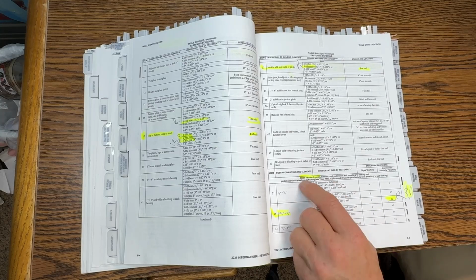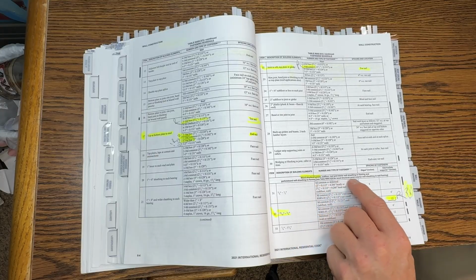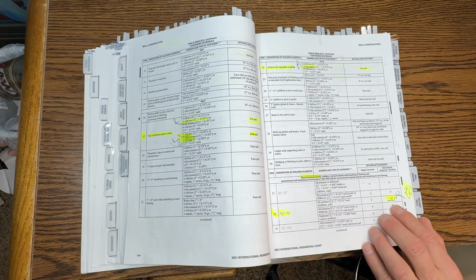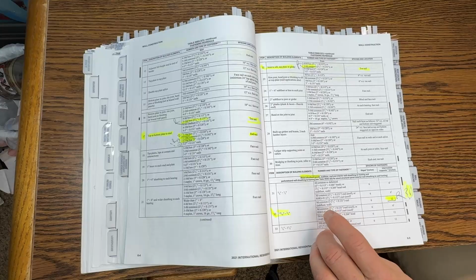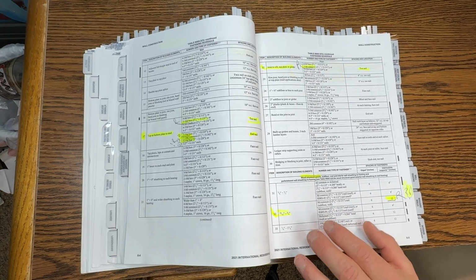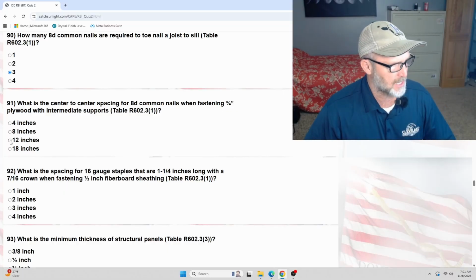What this section of this table says is wood structural panels for wood structural panel exterior wall sheathing to wall framing. So 3/4-inch, you are on 12-inch centers for those fasteners, and it tells you what fasteners you need to use for the 12-inch centers. And it varies depending on what kind of fasteners, whether you're using staples or whatever it happens to be. So let's just do that. 12 inches is the answer in this case.